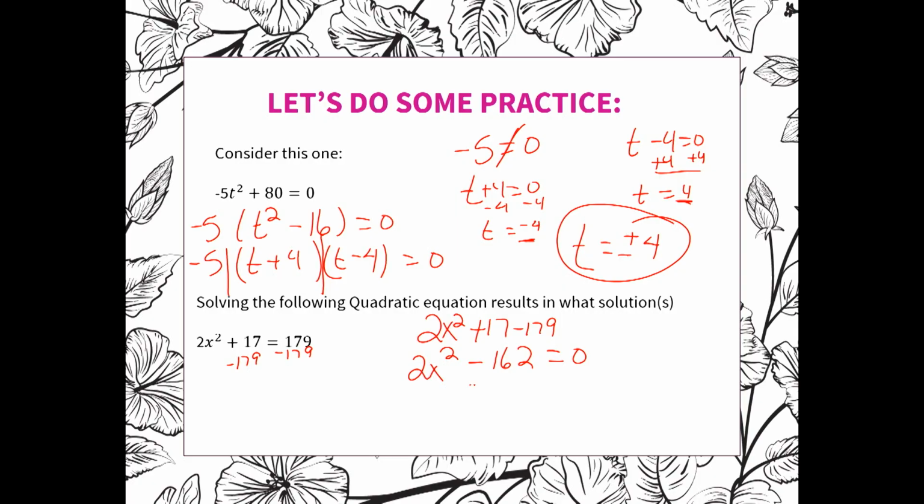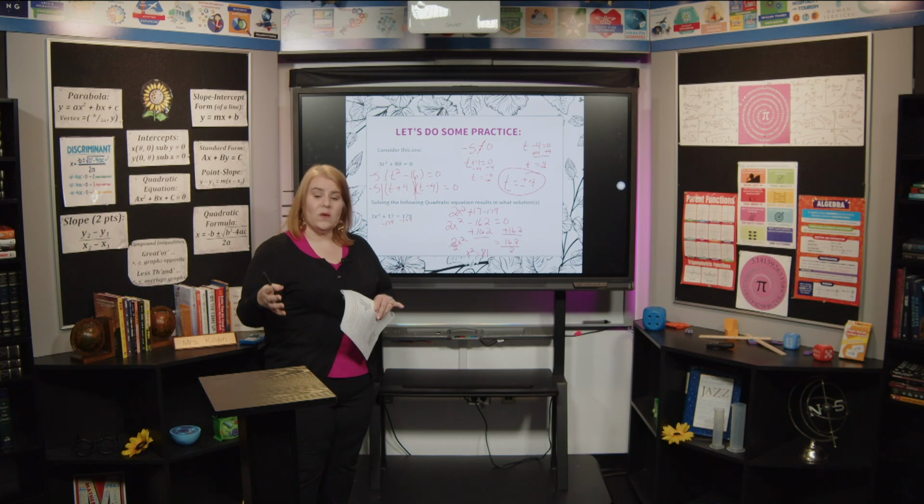So first thing I'm going to do is I'm just going to add this 162 back to isolate that variable. I'm going to divide by that 2 to isolate that variable. And what do I get? 162 divided by 2 gives me what? 81. So now I have x squared equals 81.